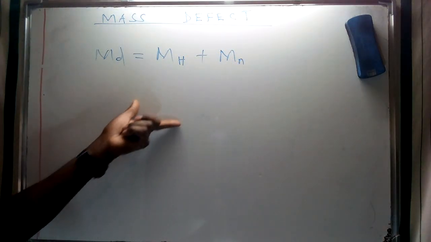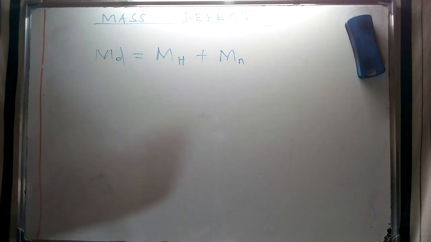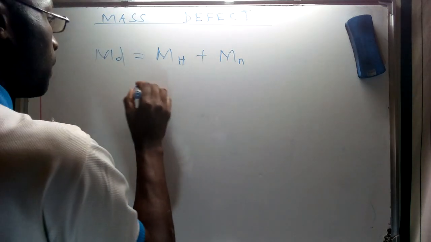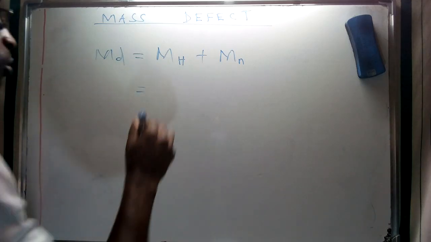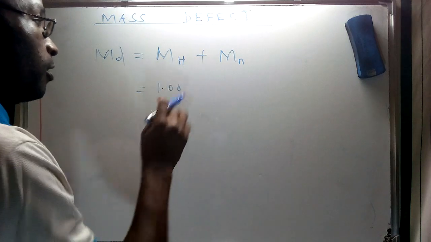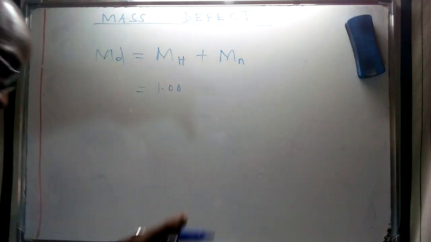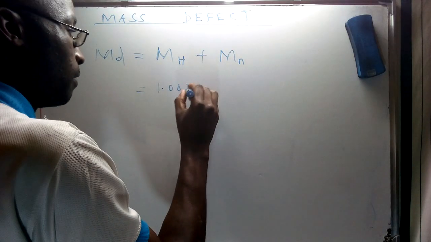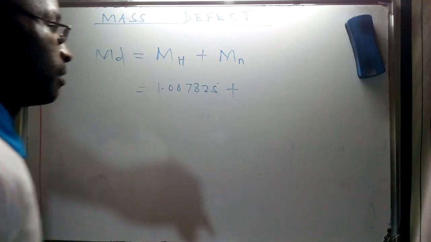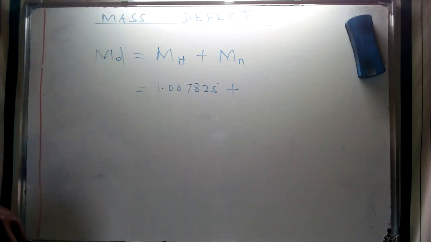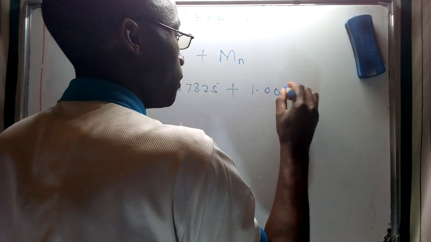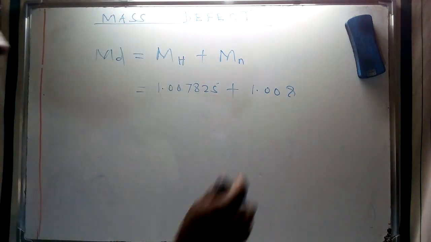I've just given deuterium as a simple case so that it can assist us to simplify this concept of mass defect. We're going to have specific figures, such as the mass of a proton, which is a constant, 1.007825, plus 1.008665. These particular figures that I'm writing on the board are given, so we do not need to memorize them.